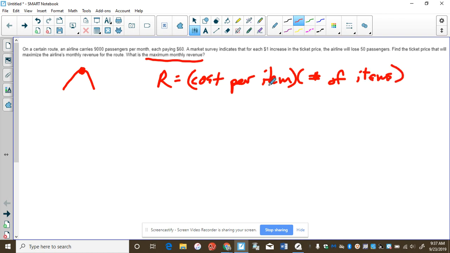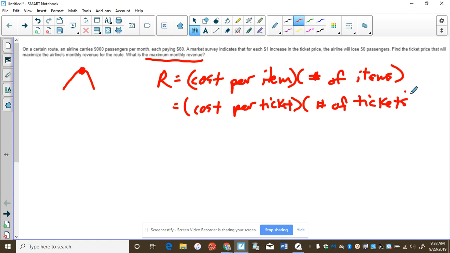So when you look at the information up here in terms of this airline, you're looking at the cost per ticket, or cost per passenger, times the number of tickets sold. And both of these are based on these $1 increases in the ticket price.